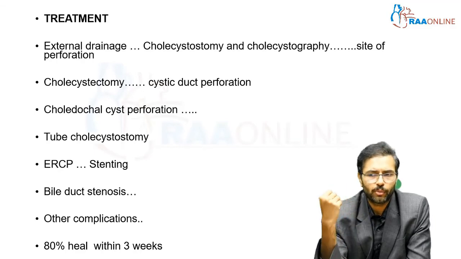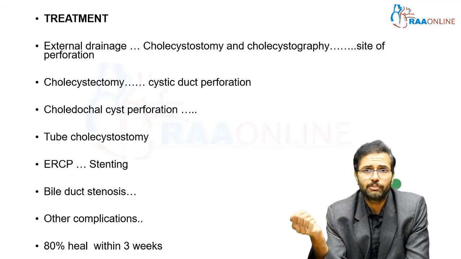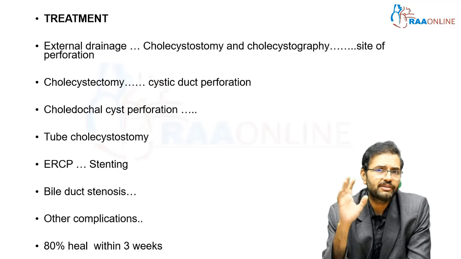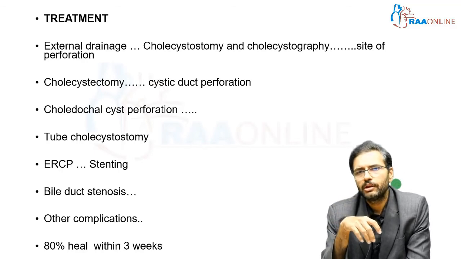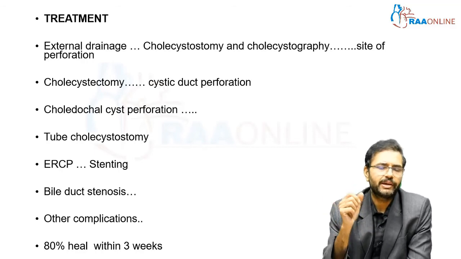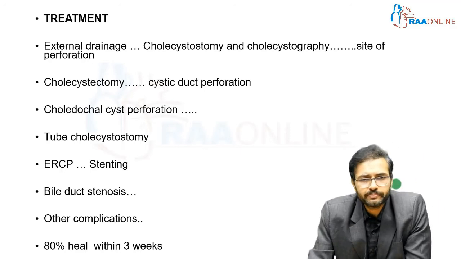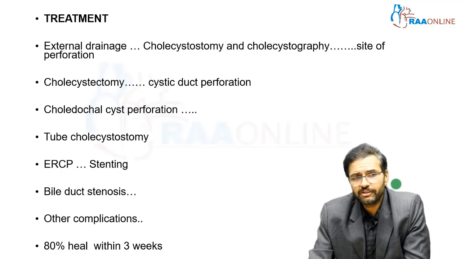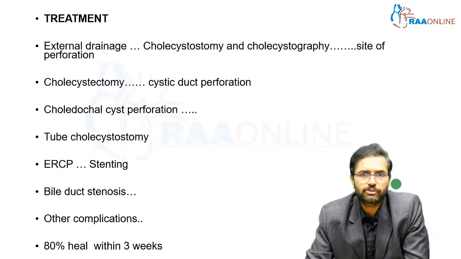For example, if you want to do a hepatoenteral anastomosis, it will be very difficult in such settings of biliary ascites, because the entire area will be inflamed and friable. So in such cases, we might have to do only a tube cholecystostomy, drain out the bile, and then come out.